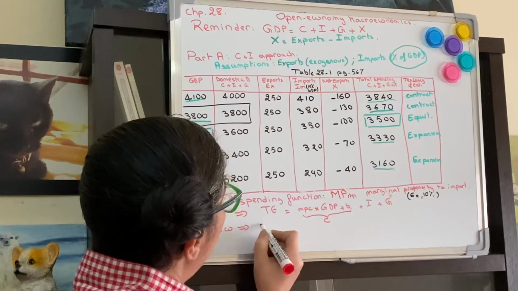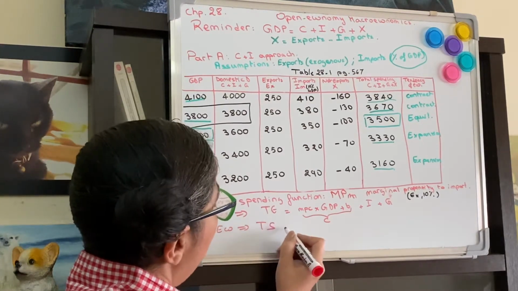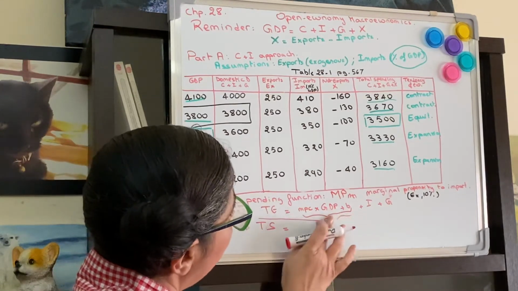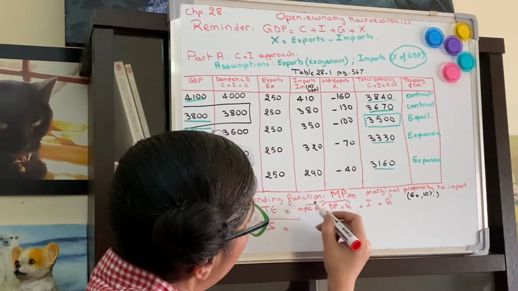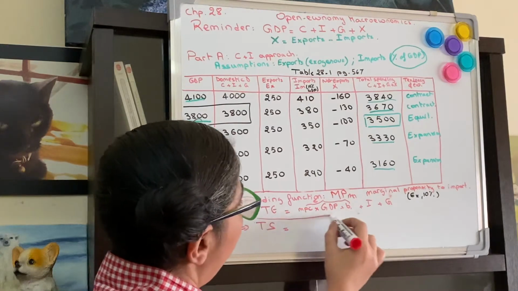Your total spending, I'm gonna just put TS because I don't have a lot of space. This was your C function, because I need space here.